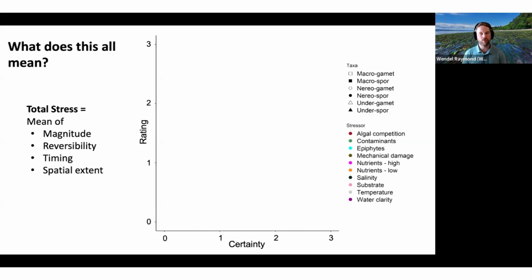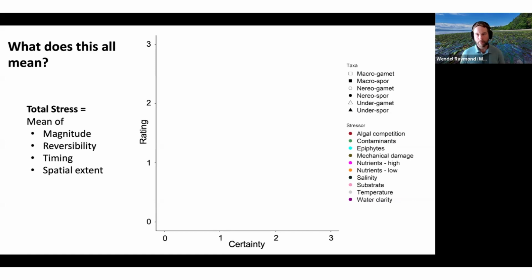So for today, I'm going to focus on this metric, which we call total stress, which is just the mean of the magnitude, reversibility, timing, and spatial extent stressor characteristics. In the next series of slides, there's going to be this biplot with rating, the how bad is it metric, on the y-axis, and then certainty, how much do we know about it, on the x-axis. And each of the points will represent a stressor and what life stage taxa we're talking about.